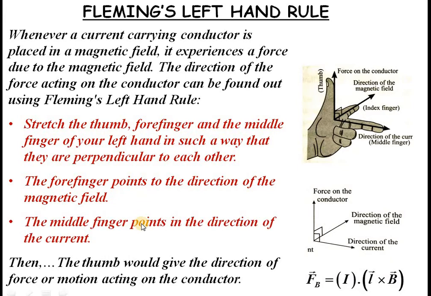Then the thumb gives the direction of force or motion acting on the conductor. It can be a force, or maybe the wire may get slightly displaced. So this whole statement is known as Fleming's left hand rule, using which you can find the direction of force acting on a wire. That is the most important application of this rule.